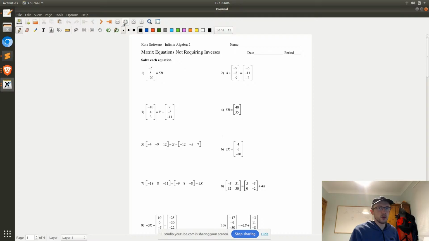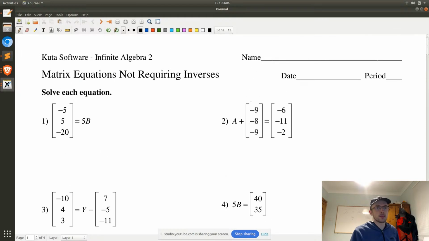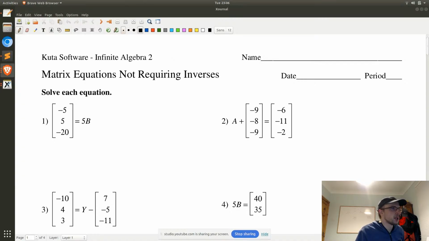I would say overall, I'm pretty okay at arithmetic. I don't get everything right. I used to be fantastic, but it requires constant maintenance. But maybe students really are that good, and I'm so out of touch. We'll see. Okay, so matrix equations not requiring inverses, and how many are there to do? Well, there's 20, so we better get started.